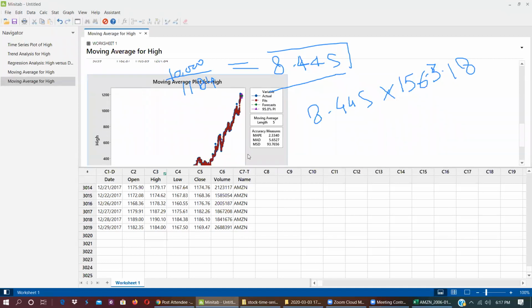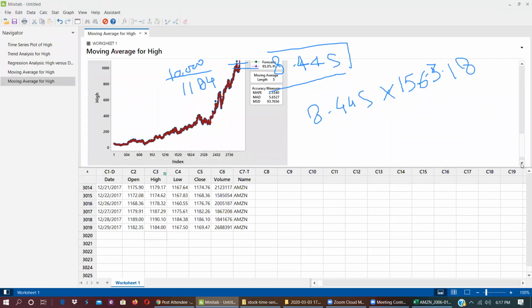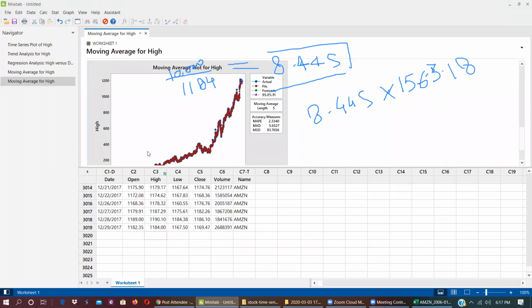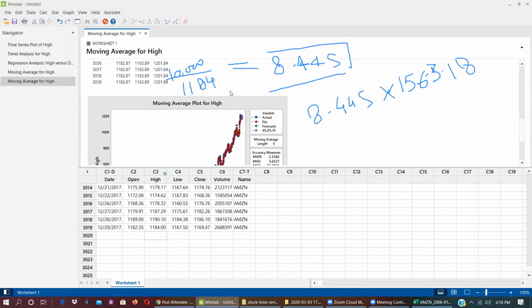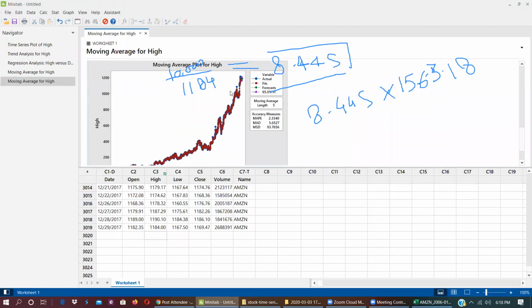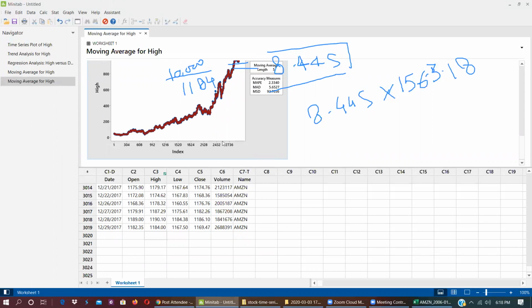In that case it is not going to serve our purpose, because there is very high growth in Amazon stock, but the moving average method is telling us it will be constant after a certain time, and that is not helpful.